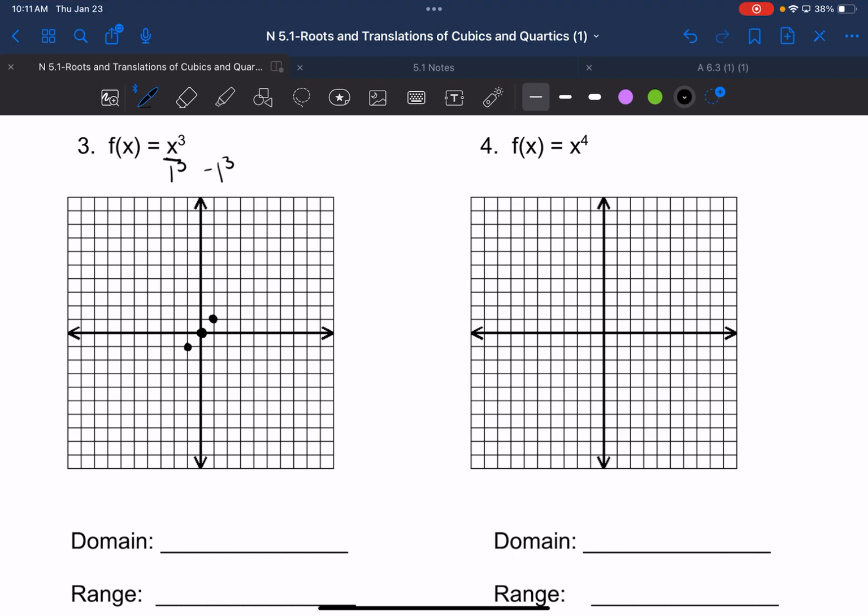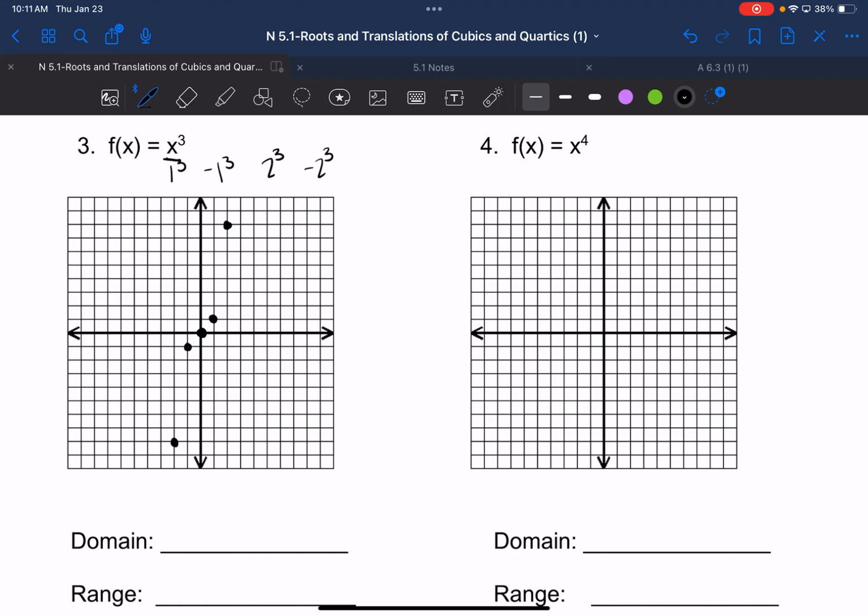If you wanted to fit any more points on there, you could do 2 cubed. What is 2 cubed? 8. So that means the point 2, 8 is also on this graph. I could also plug in a -2. What's -2 cubed? -8. So the point -2, -8 is also on this graph.